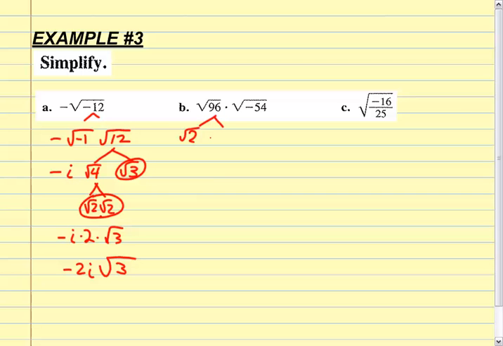That's root 2 times root 48. Root 6 times root 8. Root 2 times root 3. Root 2 times root 4. Root 2 times root 2. Man, that's a lot of stuff. Okay. So let's see. I've got 2 root 2's. That'll give me 2.